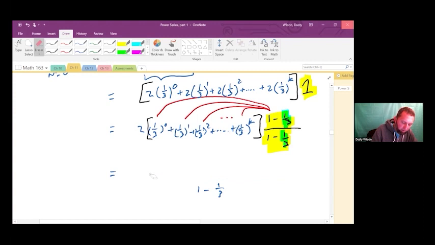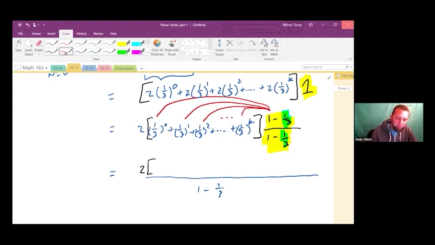My line's a little bit long because at some point I'm going to have to come back and add a limit. When I multiply by the 1, I get the same thing I started with: 1/3 to the 0th power plus 1/3 to the 1st power plus 1/3 squared plus dot dot dot plus 1/3 to the kth power.